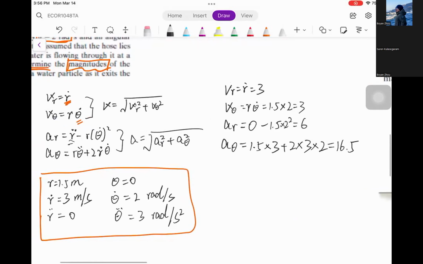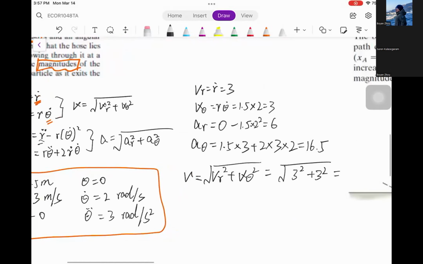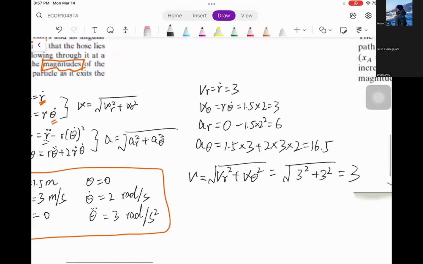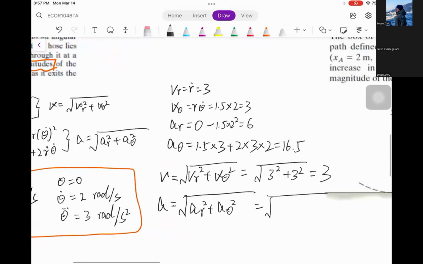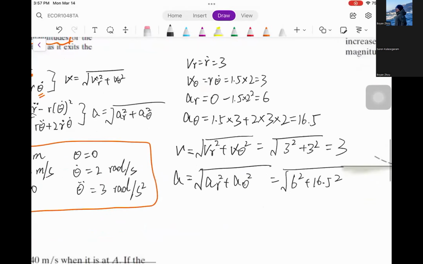Okay, so for the velocity, the resulting velocity is the square root of V_R squared plus V theta squared. And since they're the same value, it's just going to be 3. And for the acceleration, it's also going to be the square root of A_R squared plus A theta squared, and that is 6 to the power of 2 plus 16.5 to the power of 2.